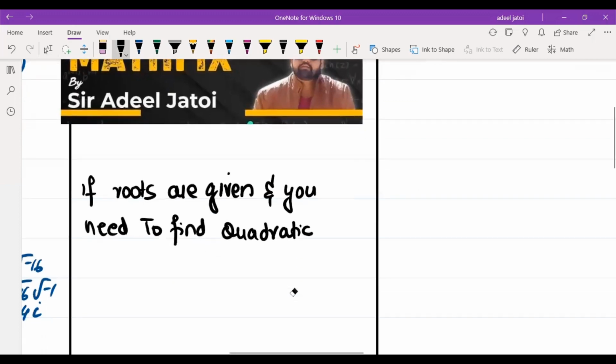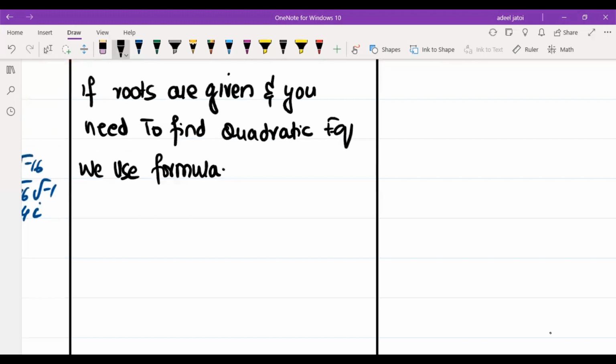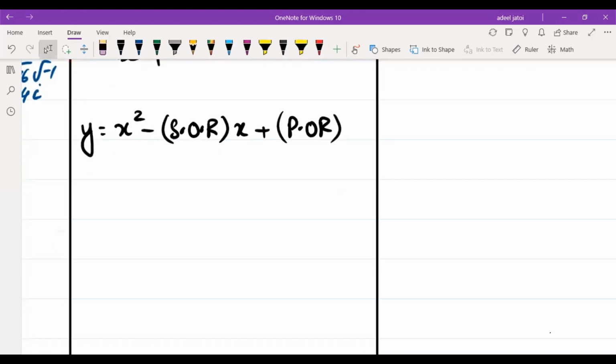If roots are given and you need to find the quadratic equation, we use the formula y is equal to x square minus sum of roots times x plus product of roots. Let's just do an example.